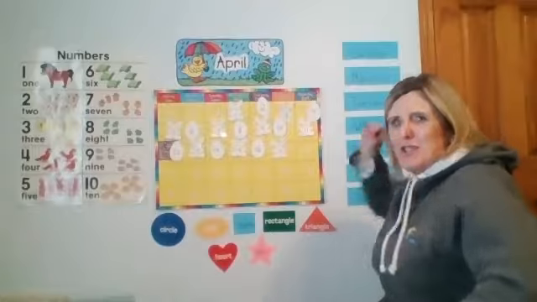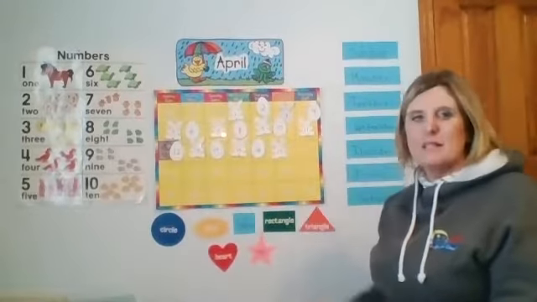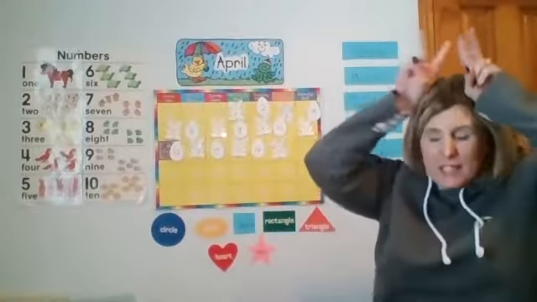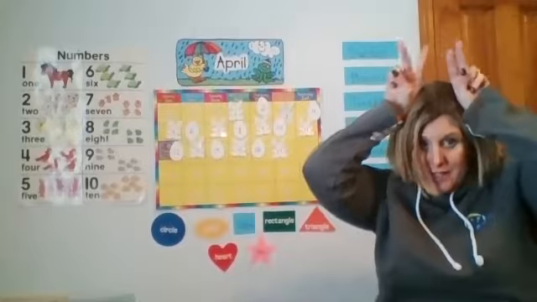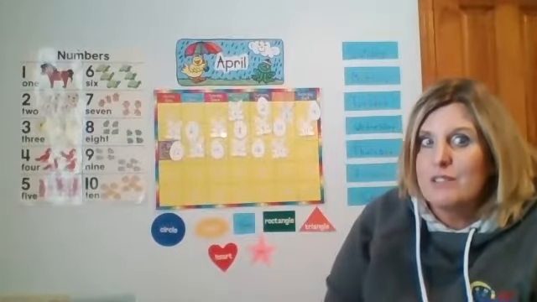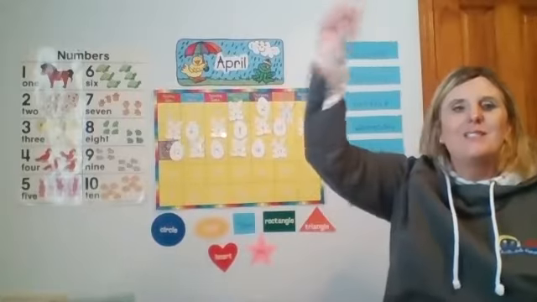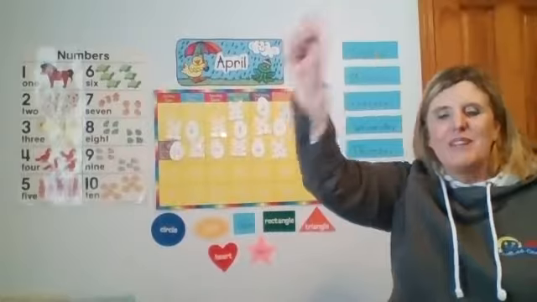Hi-ho the dairy-o. April is the month. Throw that snowball. The 17th is the date. Hi-ho the dairy-o. The 17th is the date. 2020 is the year, so let's do our cheer. Remember, year and cheer. 2020 is the year. Hi-ho the dairy-o. 2020 is the year. Nice job.